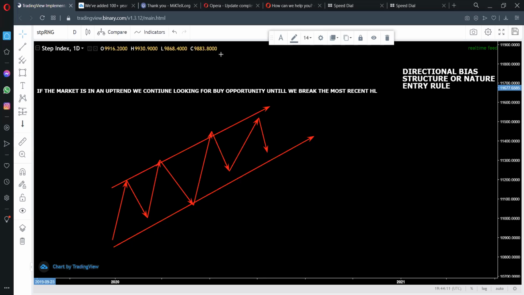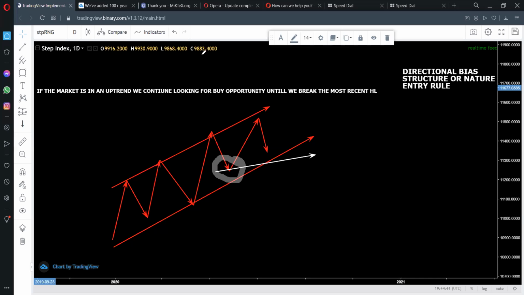So this is our recent higher low. We continue looking for buying opportunity until we break this level here. Until we break this higher low here, we still consider the market to be in an uptrend.